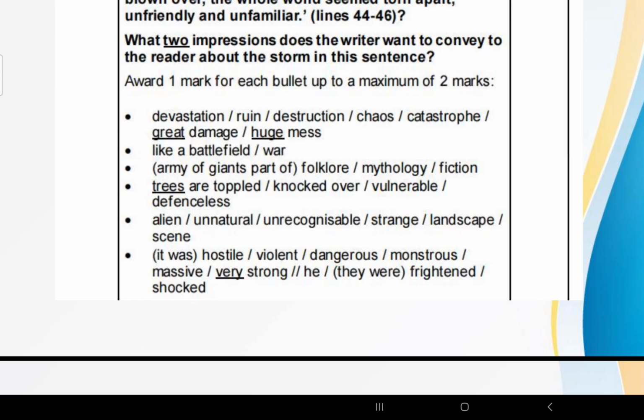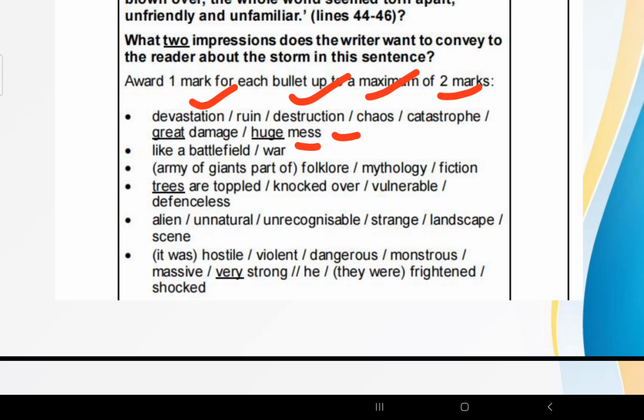Look at this then: devastation, ruin, destruction, chaos, catastrophe, great damage, huge mess. All this is an explanation of the word carnage. Like a battlefield, the army of giants. It is a war. When we were discussing it, I told you this. So it is a kind of battlefield war. Army of giants part.